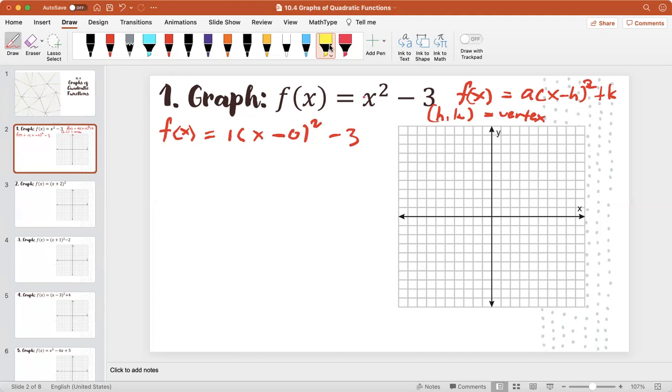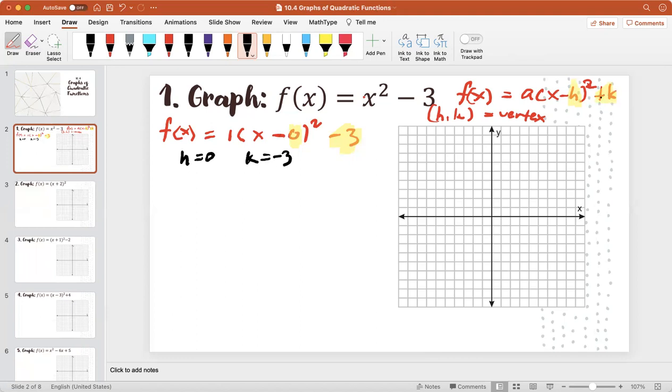So what do you think is this? This is h, this is k. What's your h here? It's going to be 0. And what's your k? It's negative 3. Remember, we're looking for the (h, k). So this should be written as x minus, and after minus, it's your h, which is 0.